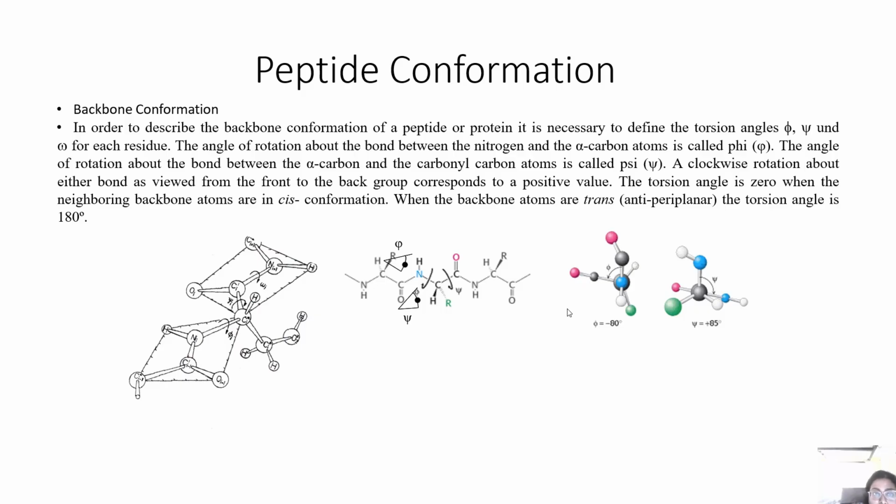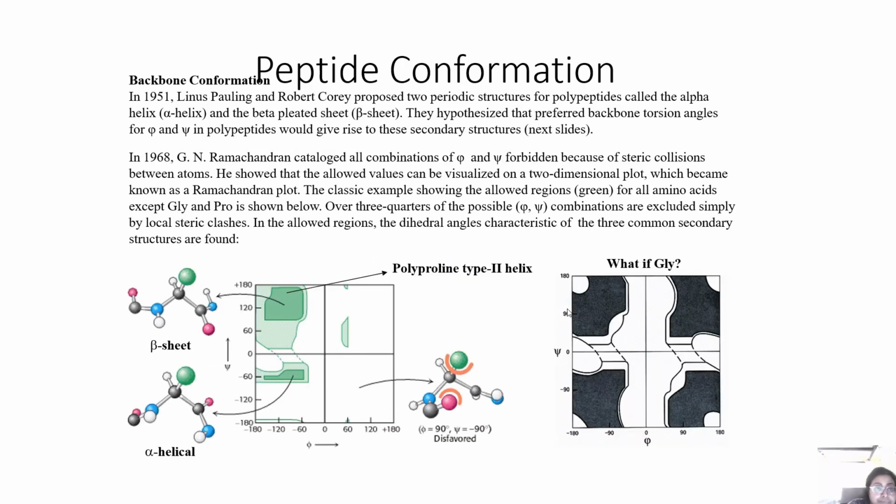A clockwise rotation about either bond, viewed from the front to the back group, corresponds to a positive value. The torsion angle is 0 when the neighboring backbone atoms are in cis conformation. When the backbone atoms are trans anti-periplanar, the torsion angle is 180 degrees, sorry, not Celsius, 180 degrees.